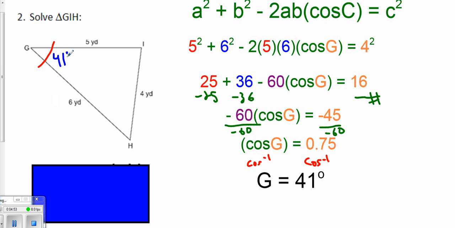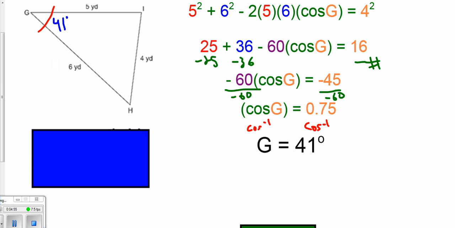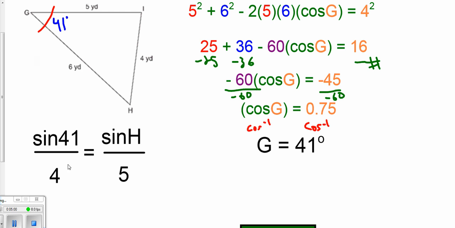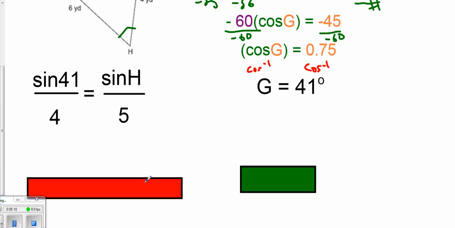Okay, now that we know that, we can use our law of sines. So 41 matches with 4. Sine of 41 over 4 equals, I'm going to use h this time. I'm looking for this angle, sine of h, so it matches with the side across from it, 5. So using law of sines, we cross multiply to solve it out.